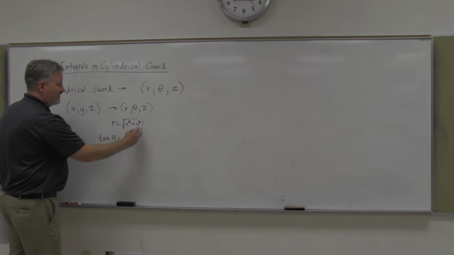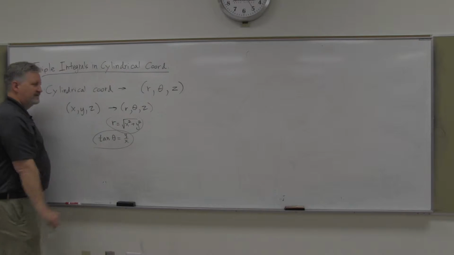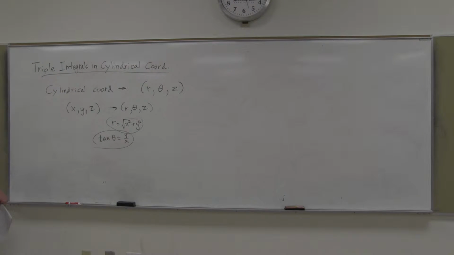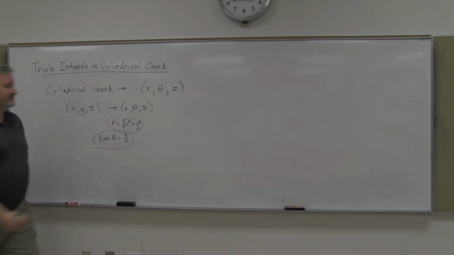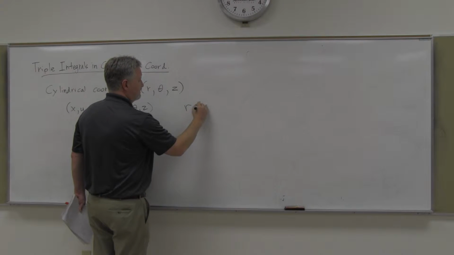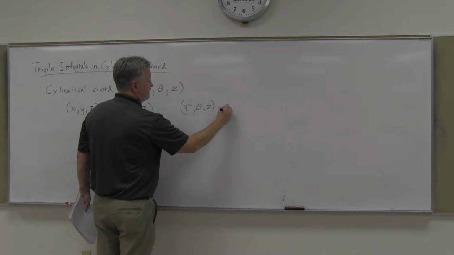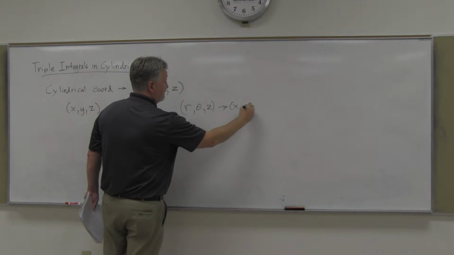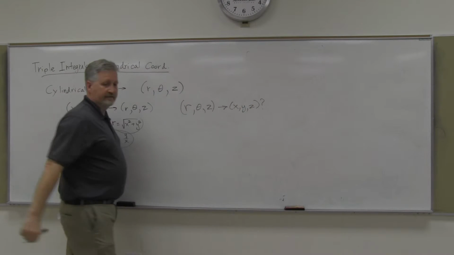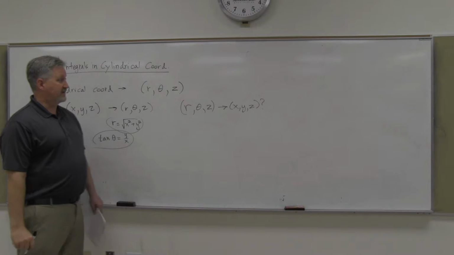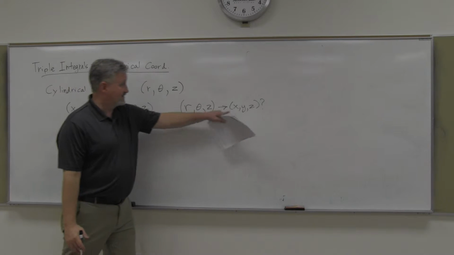So that's good news. You convert from x, y, z to r, theta, z cylindrical the same way we did with polar to get the r and theta. And vice versa, if we've got r, theta, z, how do we get x, y, z? Well, z is z.